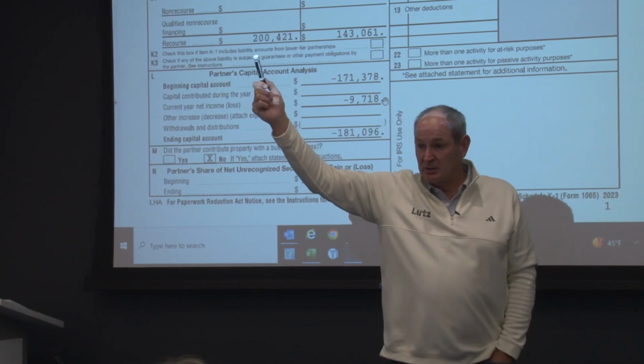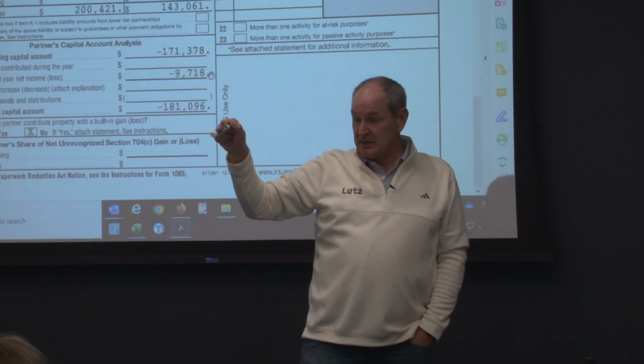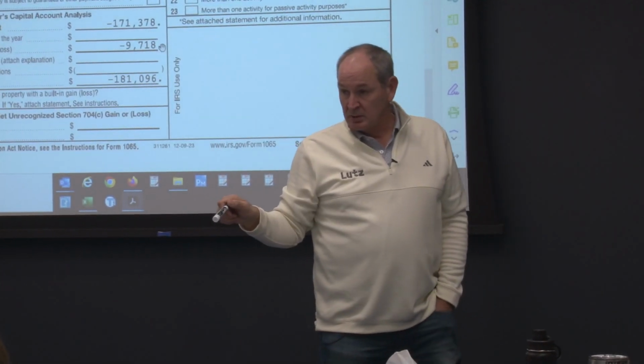And that reduction in that debt is a deemed distribution of cash, and that deemed distribution of cash results in a distribution in excess. So why we're talking about this is there's a wildly different interaction with debt in how you diagnose debt on an S corp and a partnership.